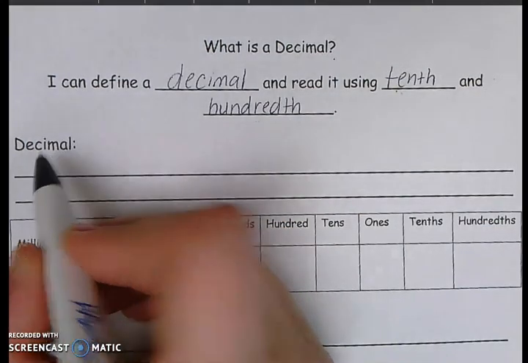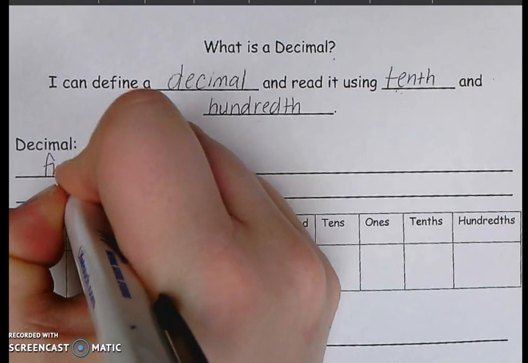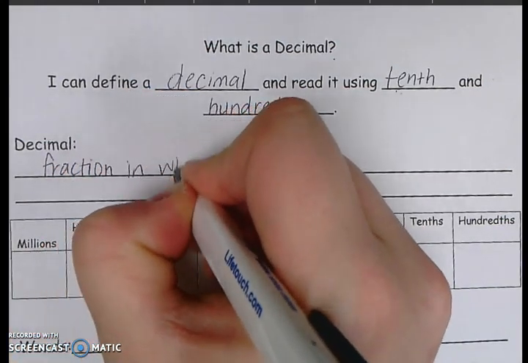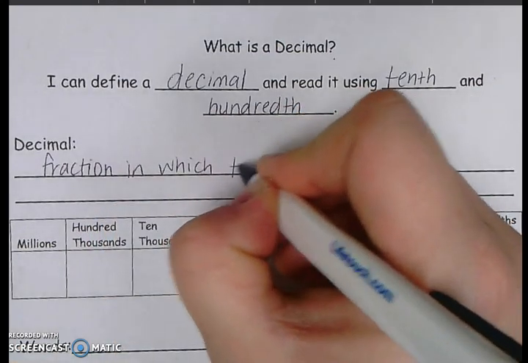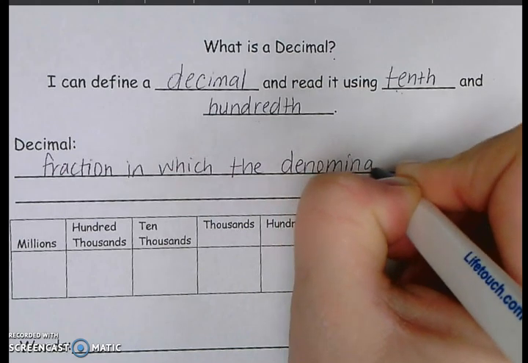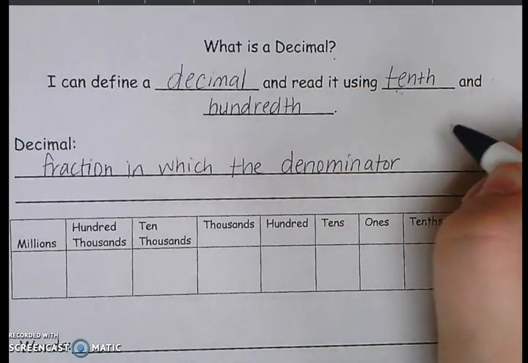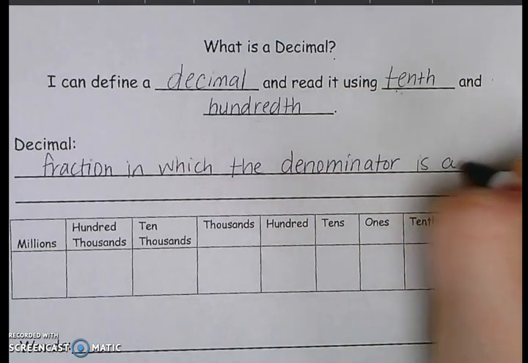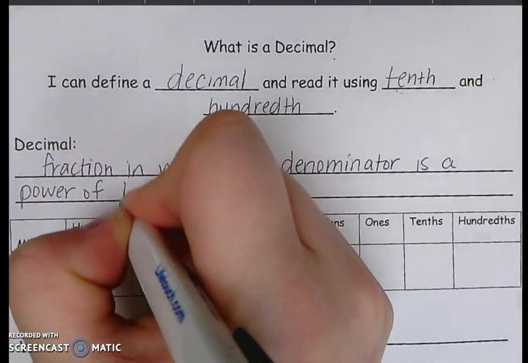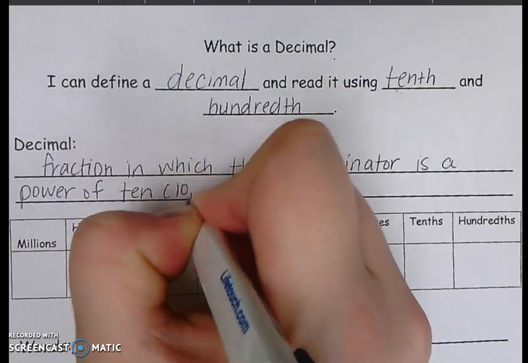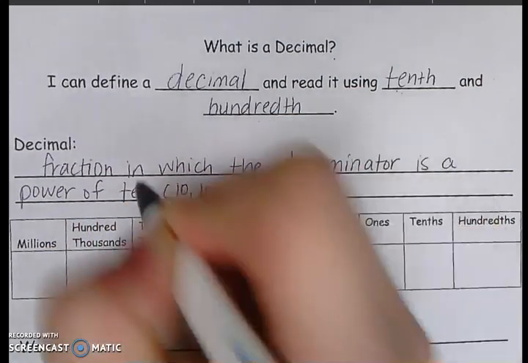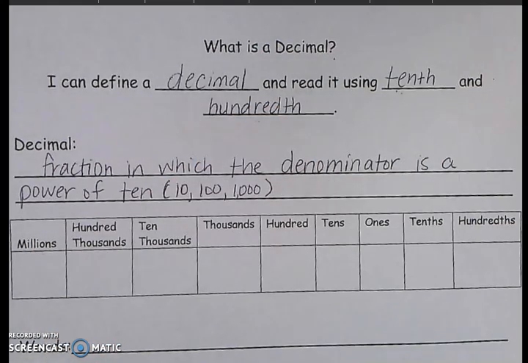First, a decimal is just a fraction in which the denominator is a power of 10. That means the denominator could be 10 or 100 or 1,000, any of those.